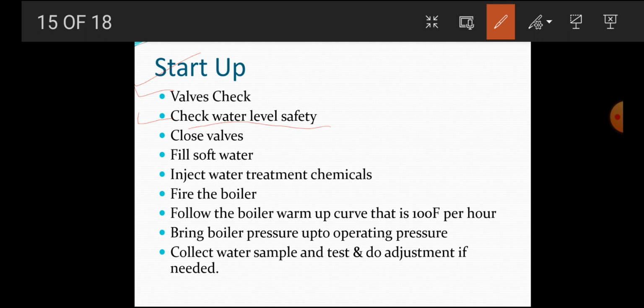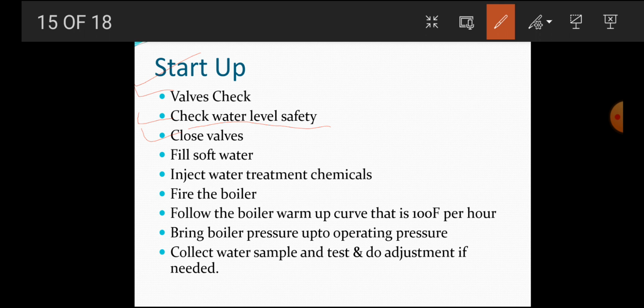So we need to check the water level safety. Then third is close the bottom blow down valves, then open the upper drum vent valves. So blow down valves need to be closed and the vent valves need to be opened to create venting.